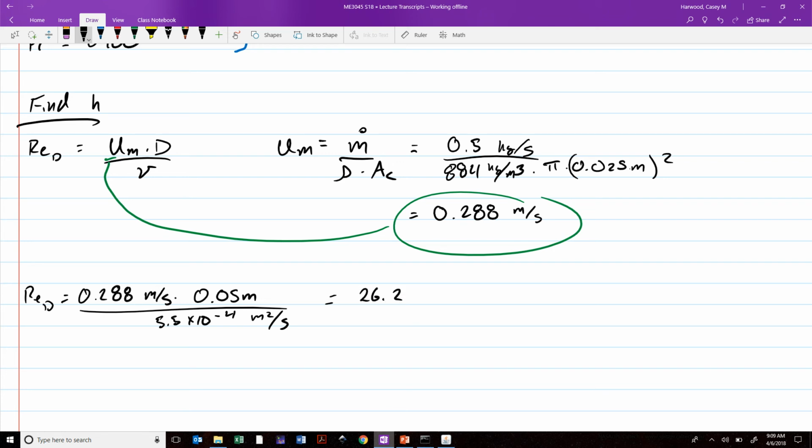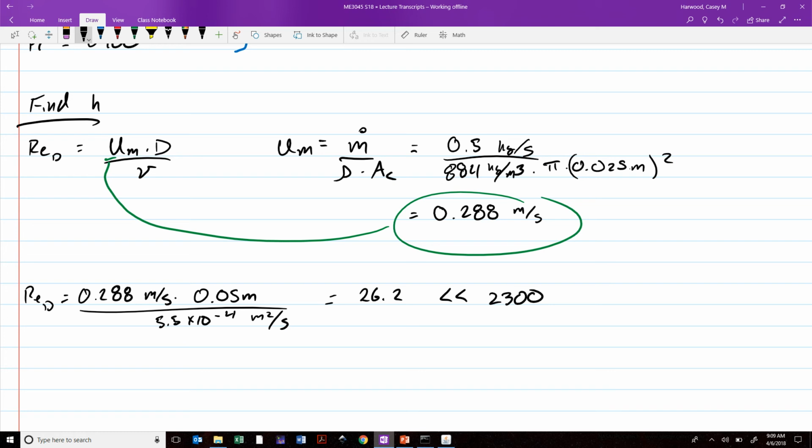Meaning our flow regime is laminar. Very much so. That's way less than the 2300 at which we begin to suspect that our flow might not be laminar anymore.